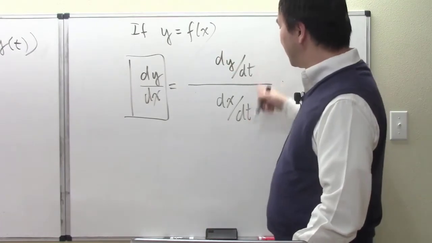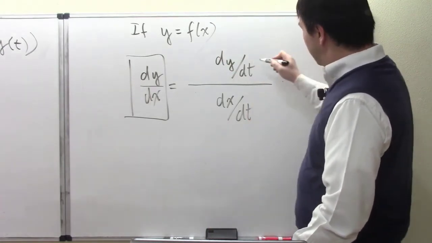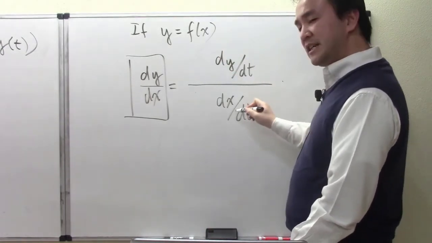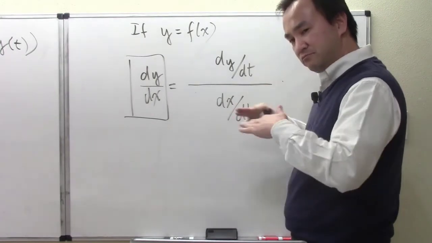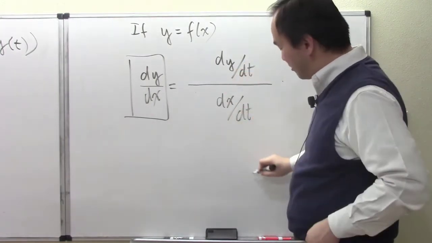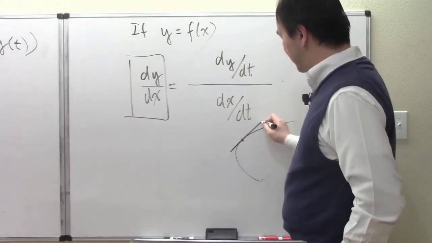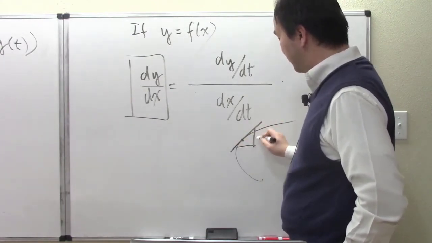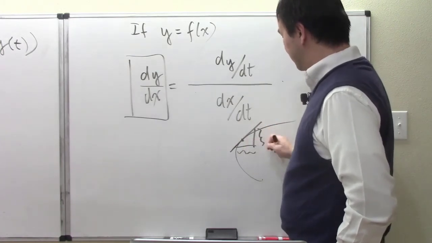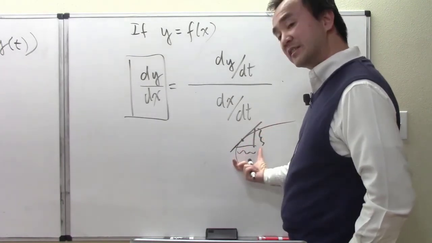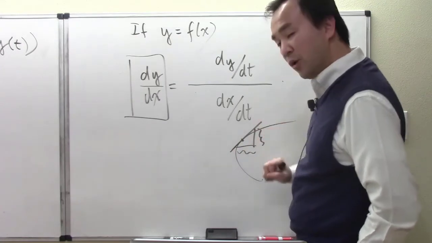Because dy/dt and dx/dt do not have a direct graphical understanding on our curve. Anywhere on our curve, if you draw a tangent line, that slope is just y changing over x changing, or x changing over y changing.